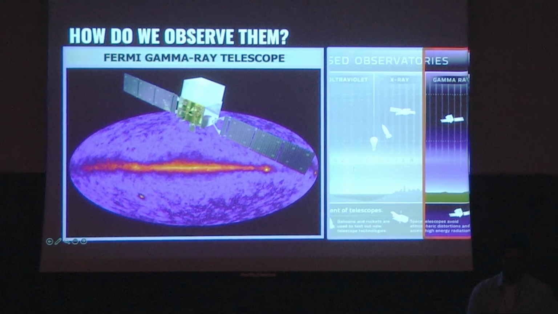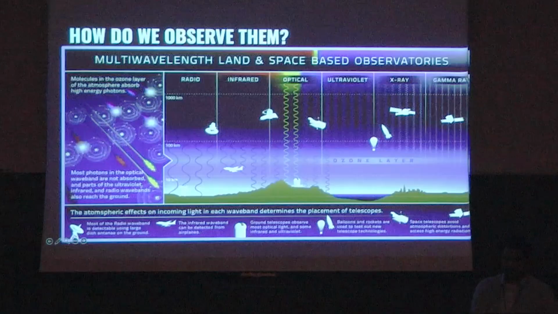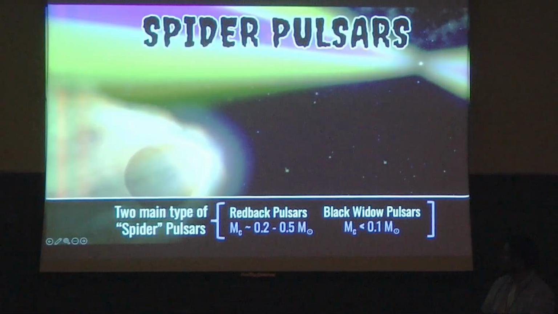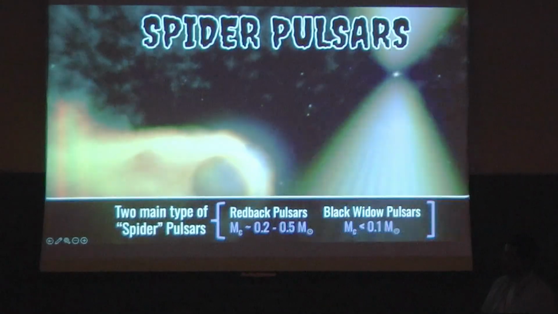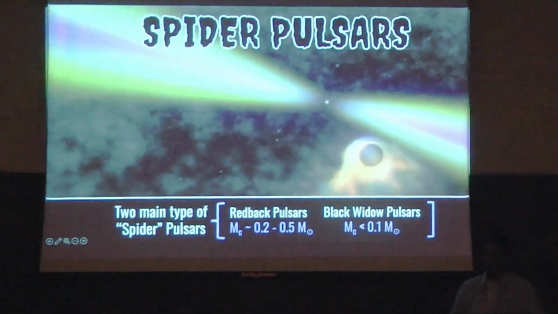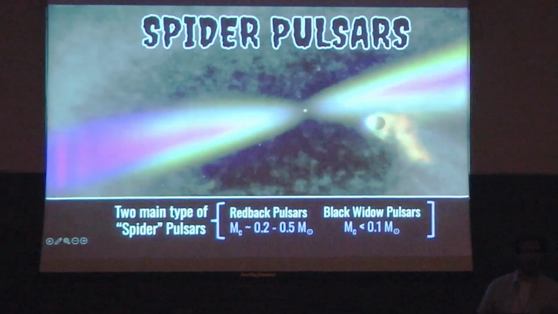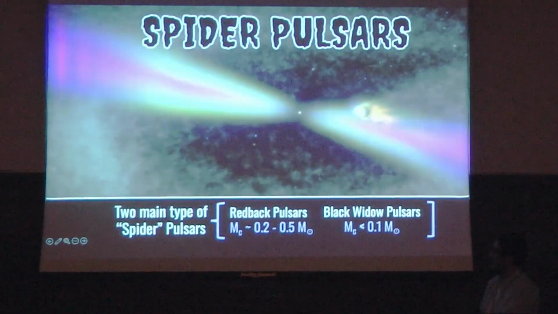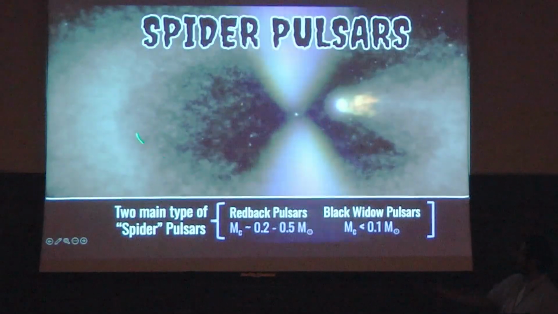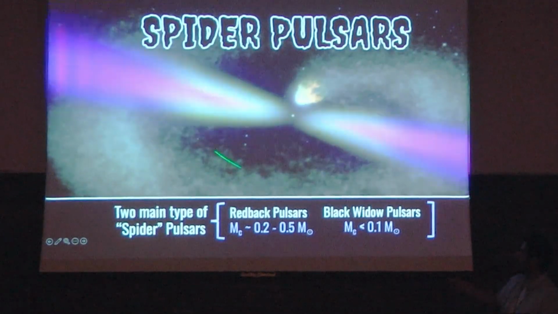So I just want to very quickly go back to the animation that I had up here. One of the things that I didn't mention is that as your companion is losing mass, if you heat up a gas, it becomes ionized, it becomes a plasma. And so here you have this enshrouding cloud that forms around the entire system.